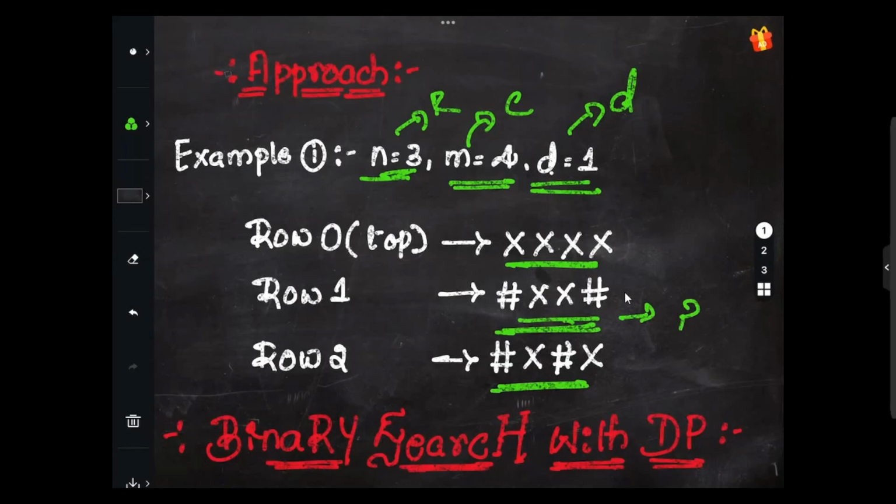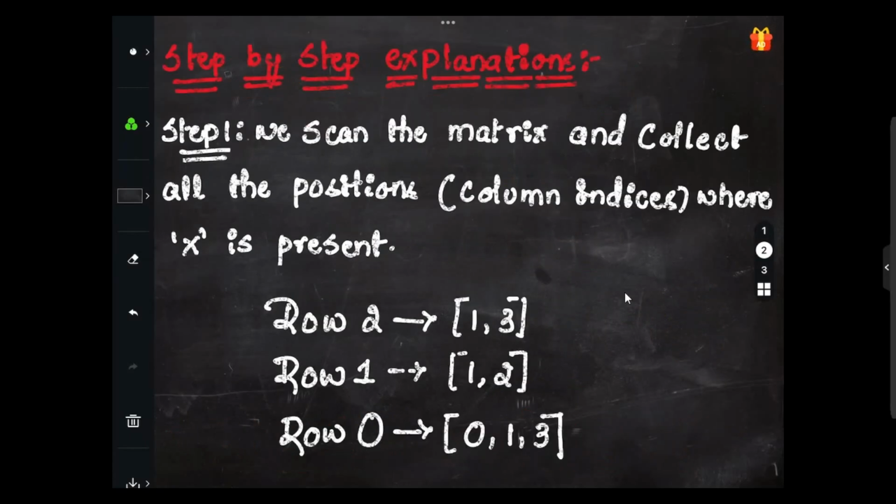The output that we need to get here is 2, according to the question. The distinct valid routes for Igor to climb from the bottom row to the top row is 2. Let's move on with the step by step explanation.